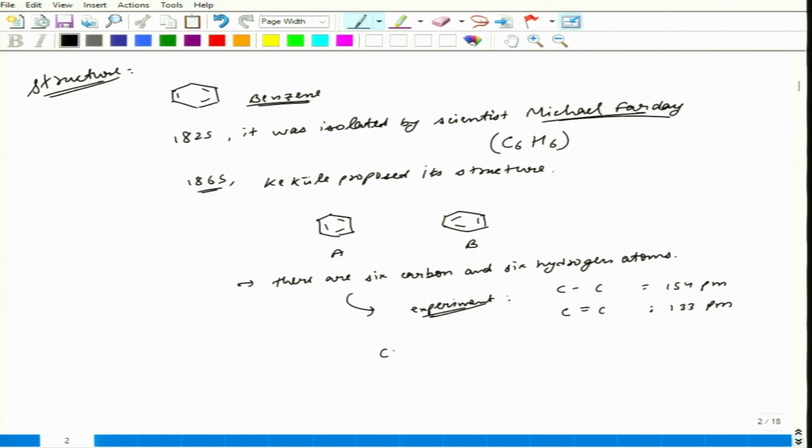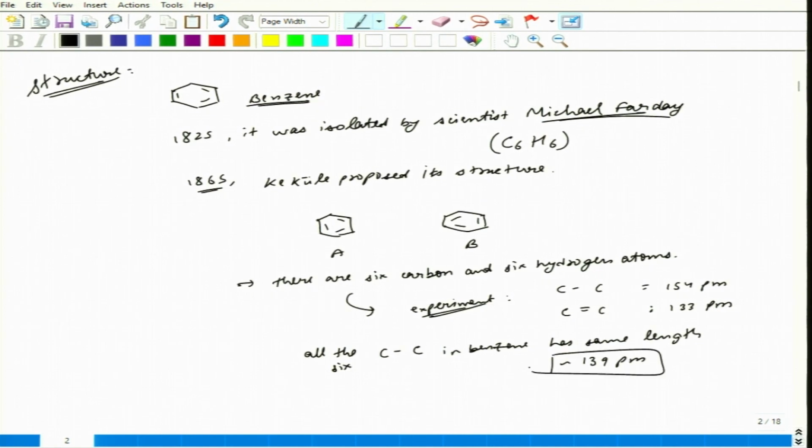What we found is that all the 6 CC bonds in benzene have the same length, and it is around 139 picometer. Okay. So, VBT suggested this.